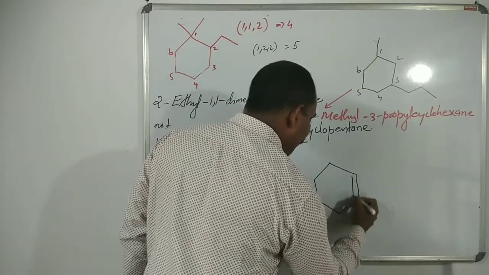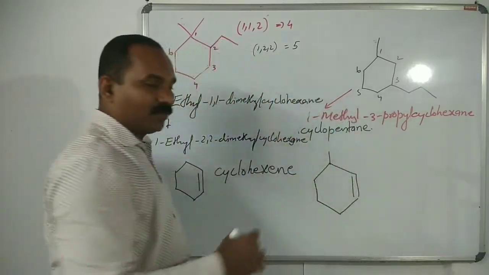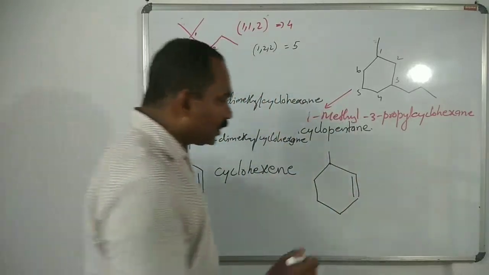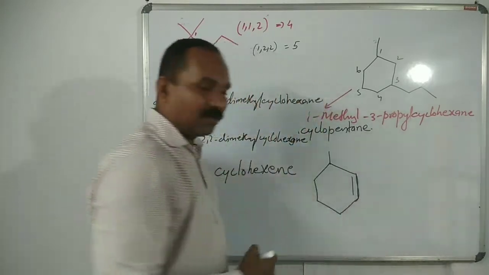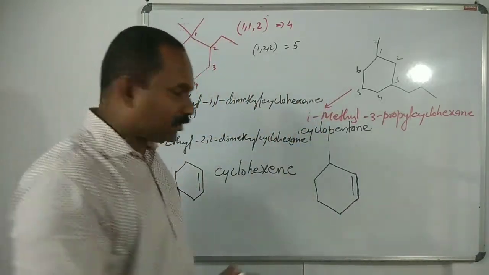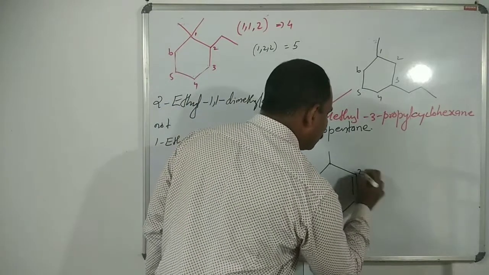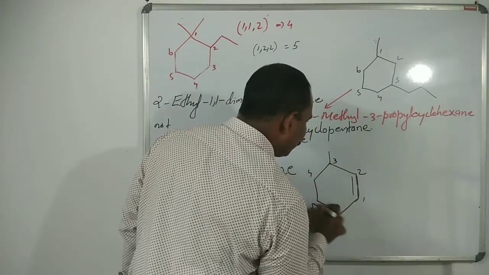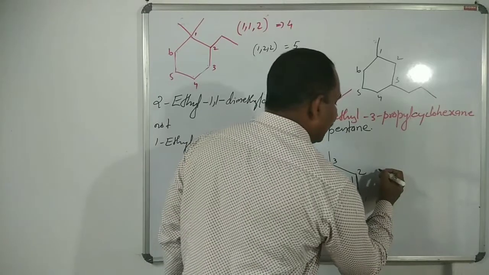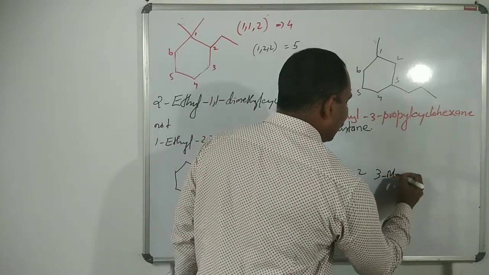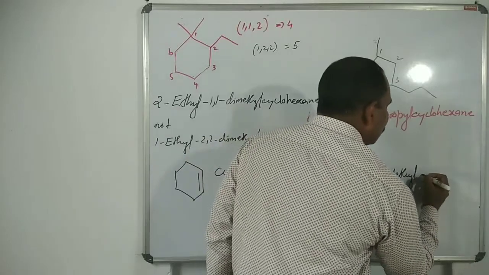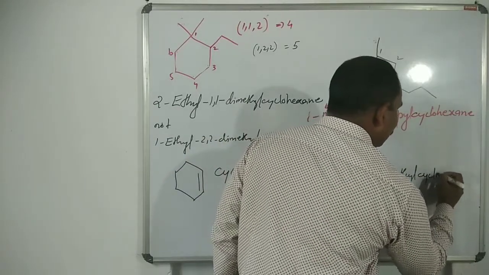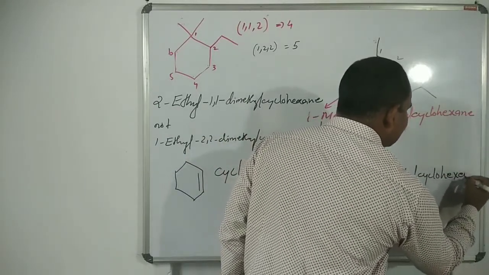Then if any substituent is there, for example a double bond and 1 methyl group, the numbering gives priority to the double bond, since it is an alkene. So 1, 2, 3, 4, 5, 6. It is 3 methyl cyclohexene.